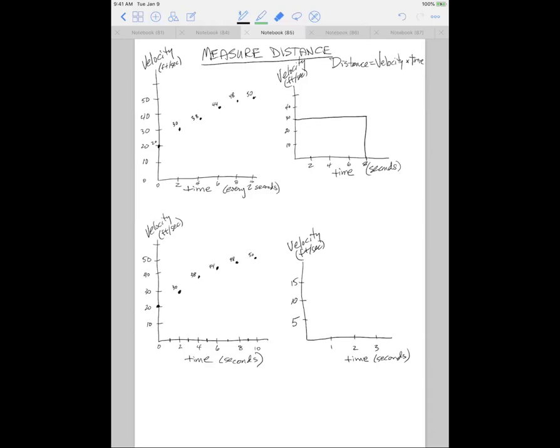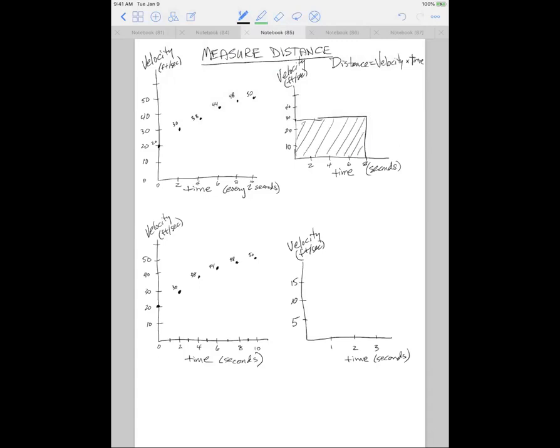And if every 2 seconds I checked it and I was going 30 feet per second for an entire 8 seconds, the distance traveled from start to finish, I'm moving at time zero, and for 8 seconds I'm continuing moving. So it ends up that this area under here would actually be what? That's what we're looking for right here.